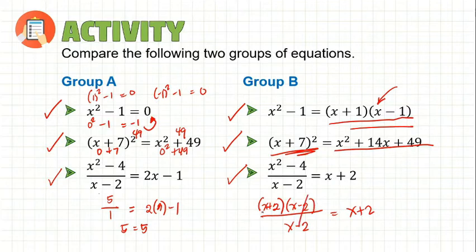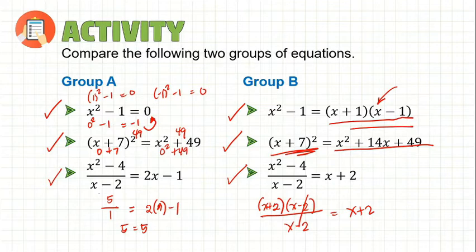So we will have x plus 2 equal to x plus 2. So in this case, the two expressions are just equivalent expressions as long as your x is not equal to 2. So in this case, for the equations in group B, the equation will hold for all values of x in the domain of the equation.